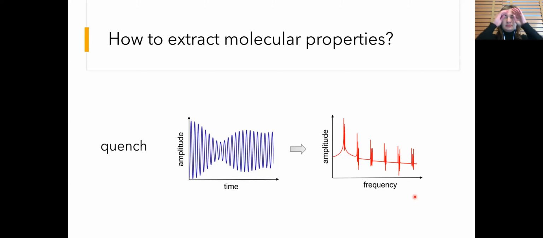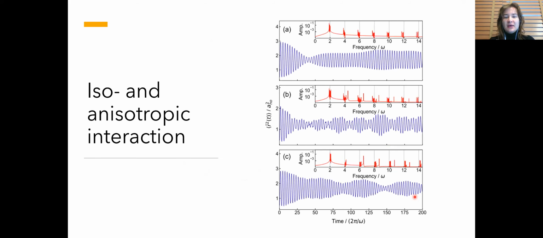An important remark is that our quench dynamics experiments are simplified. In reality, of course, things would be much more complicated because all the molecular properties are coupled to each other. But in the first approximation, they would look as we show. So this is a small disclaimer.